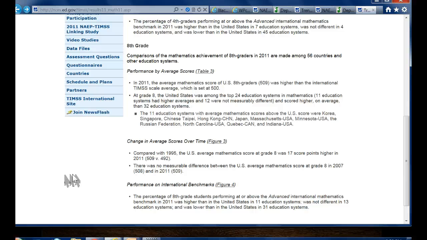And in the United States, we chose our best students to participate in this study, and we have routinely done so over the past several years. We choose our best kids to participate so that we can present ourselves in our best light. And these are the scores that you're seeing. Pretty interesting. It says a lot about how we deliver information, how we teach, and what we need to be teaching.